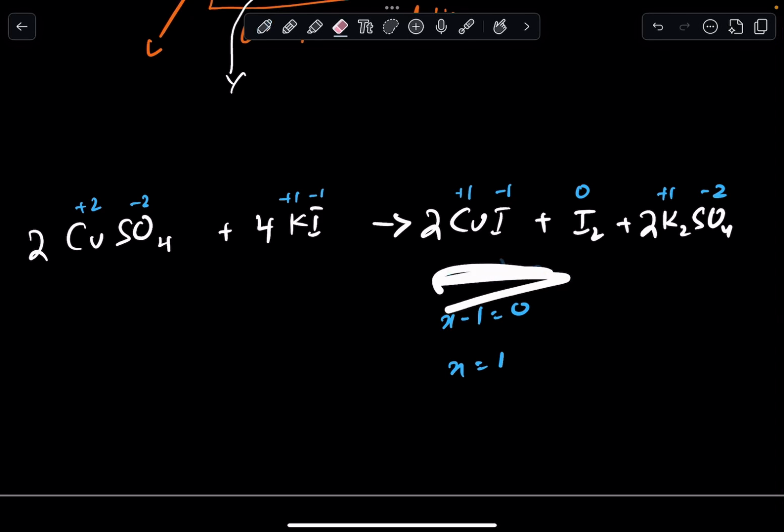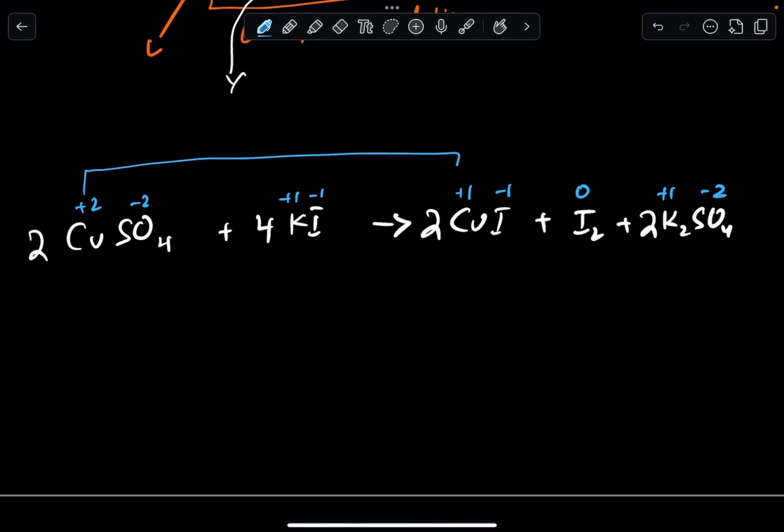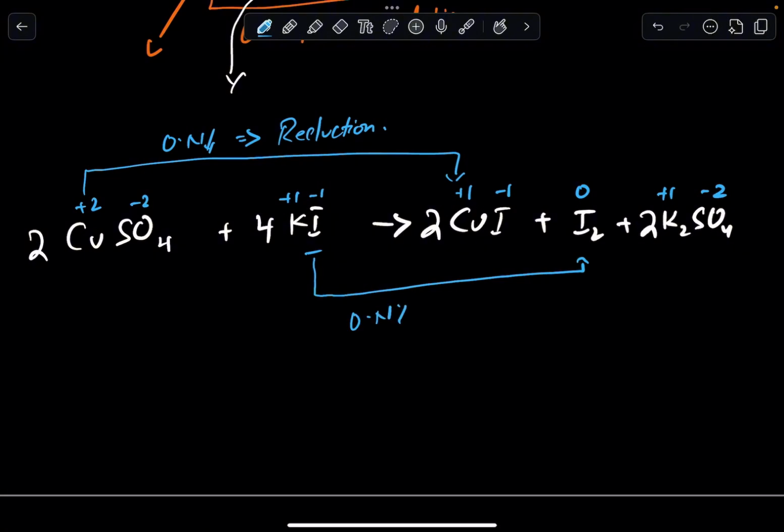Okay, let's find out. So copper is being reduced. You can see over here that the oxidation number decreases. Decrease in oxidation number means reduction. And the iodide ion has -1 charge, and over here iodine has 0 charge, so oxidation number increases, which means oxidation.